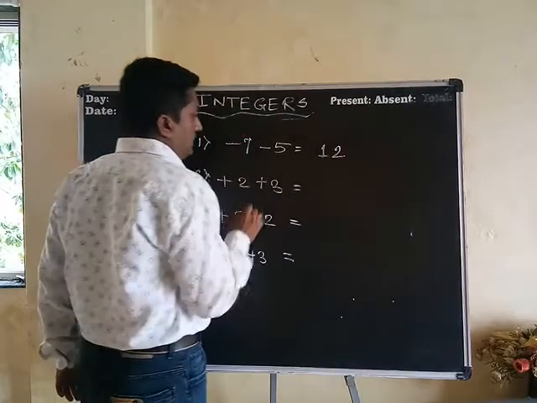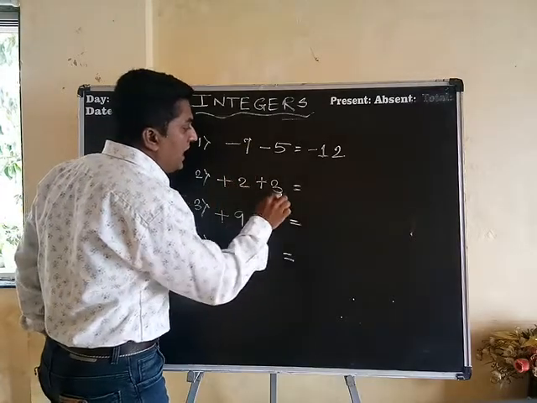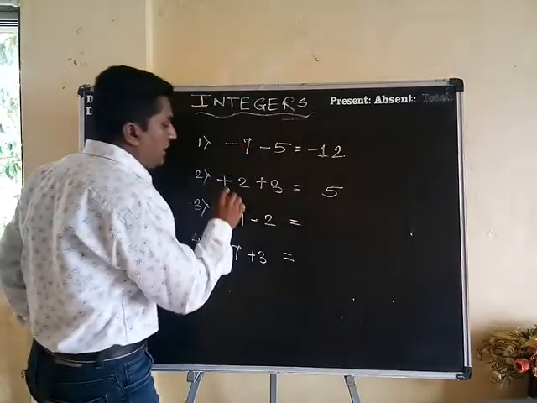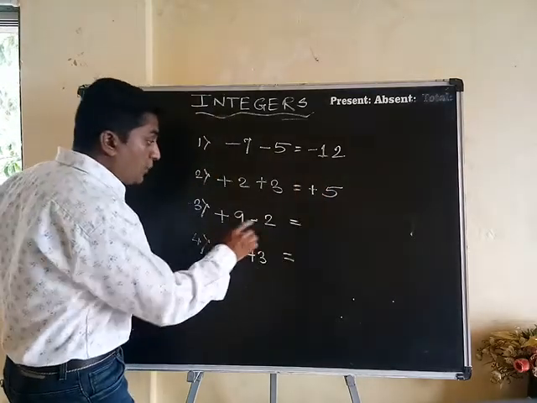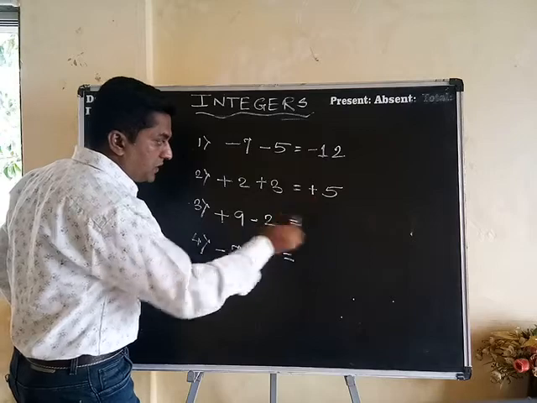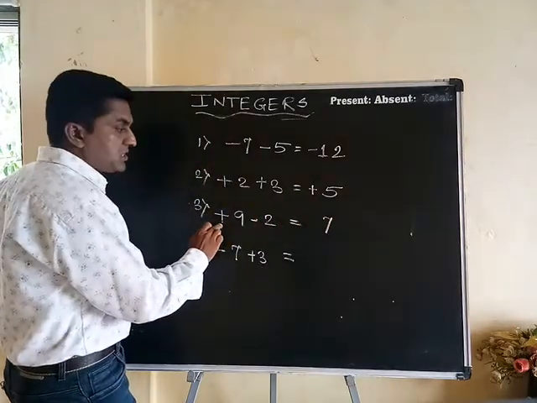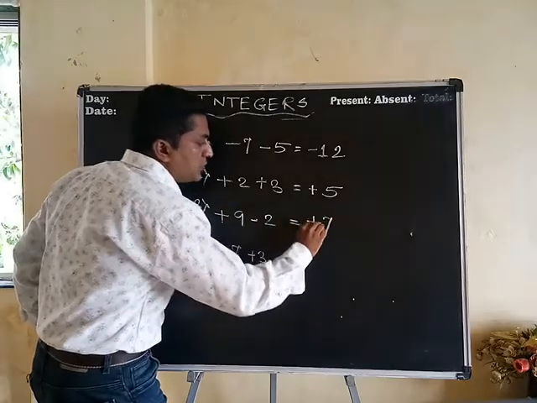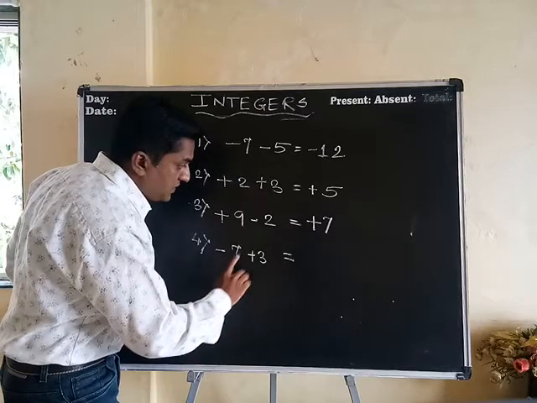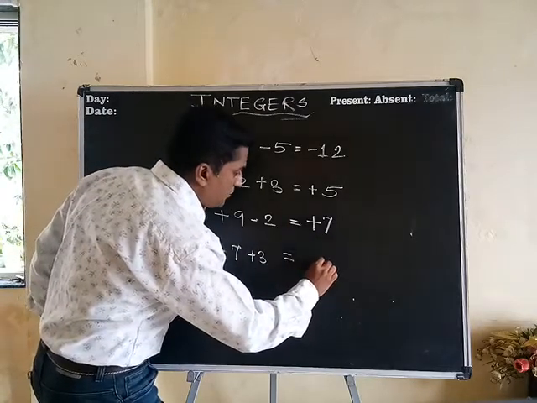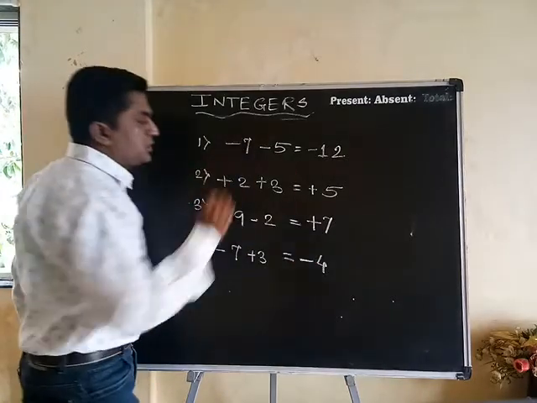Yes, it is 12. The same sign must be kept here. Same signs are there, add them. Obviously the answer will be 5 and give the same common sign, that is positive. Here opposite signs are there, subtract them. 9 and 2 if subtracted give 7, and the bigger number's sign comes here, that will be positive. Here negative 7, positive 3, opposite signs, subtract them. Here your answer must be 4, and the bigger number's sign is carried here, that is minus.